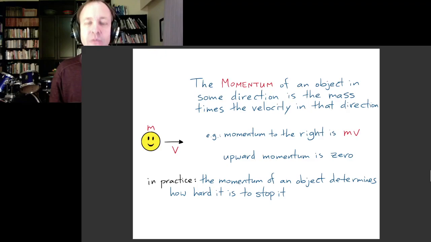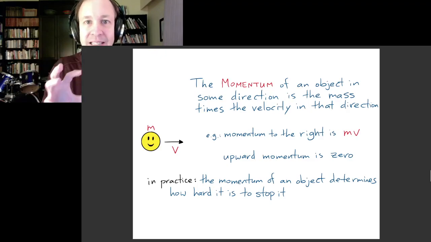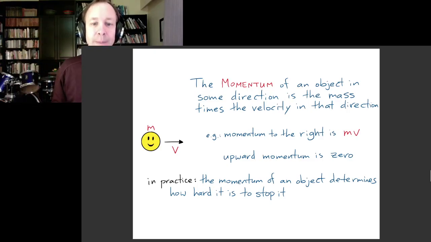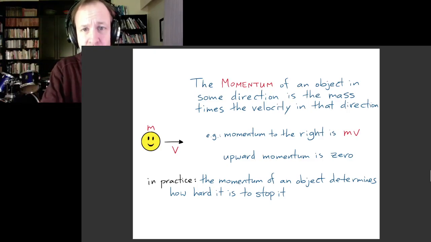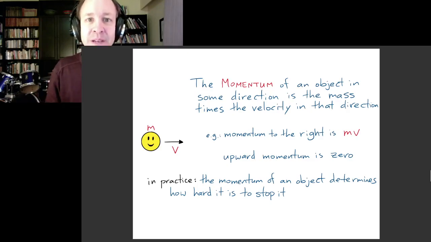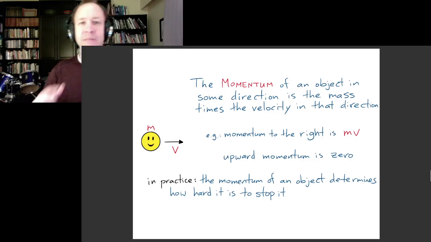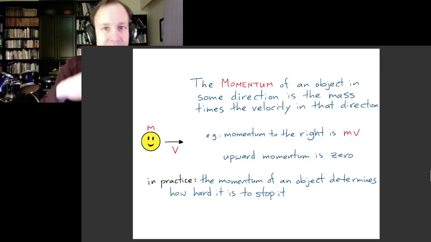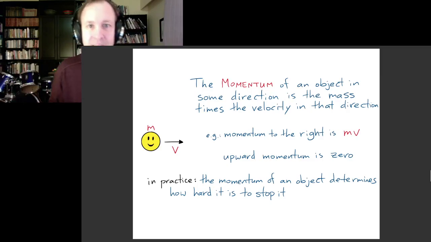We will understand quantitatively and precisely in what sense this is true in later lectures. But I just wanted to point out that this idea that momentum is related to how hard it is to stop an object lines up pretty well with our usual use of the word momentum, where if you have momentum, it means you're on a roll with something and you're likely to continue on with whatever it is that you're doing.